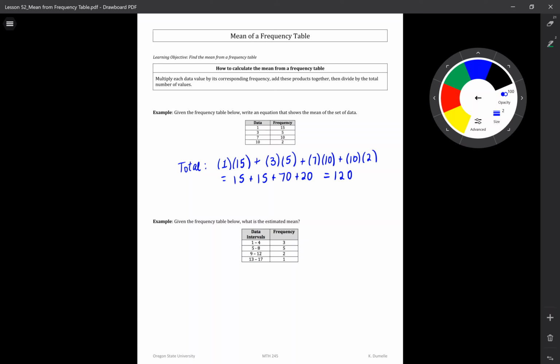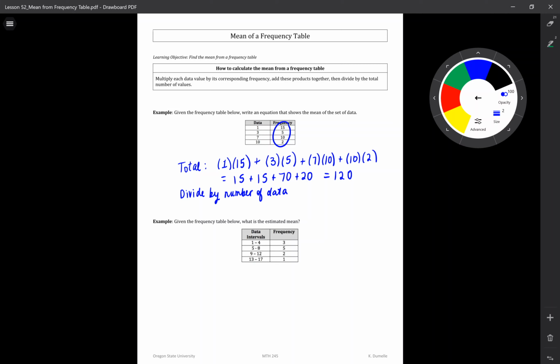And after I have added them all together, I divide by the number of data values I have. In order to figure out the number of data values, I have to go to this frequency column because this tells me how many times each value occurs.